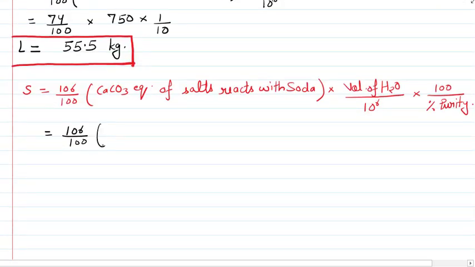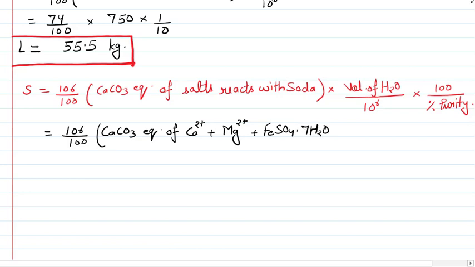So I can write it as calcium carbonate equivalent of, first one is calcium ion, then magnesium ion and hydrated ferrous sulfate minus bicarbonate ion. Why minus?